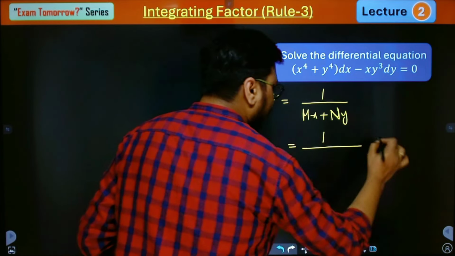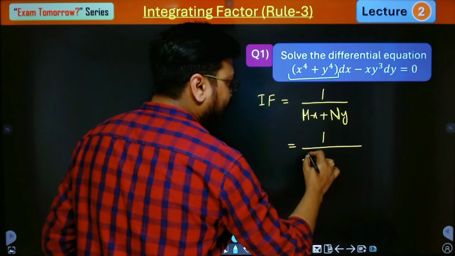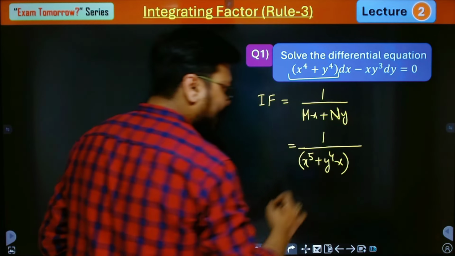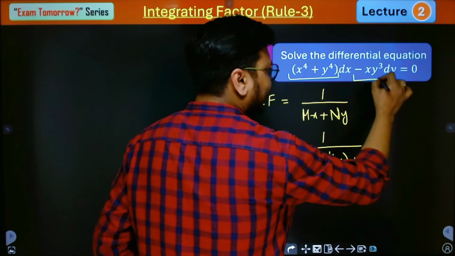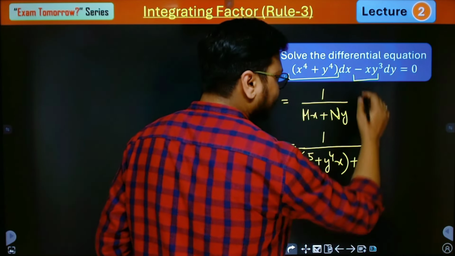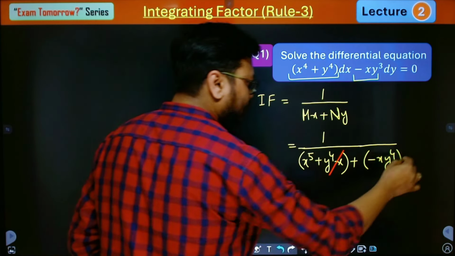So I would get 1 upon, this is my M part, M multiplied with x would be x to the power 5 plus y to the power 4 into x. This is my Mx part, plus N is including the minus sign, so it's minus x y to the power 4, and I can see these two terms are getting cancelled out.